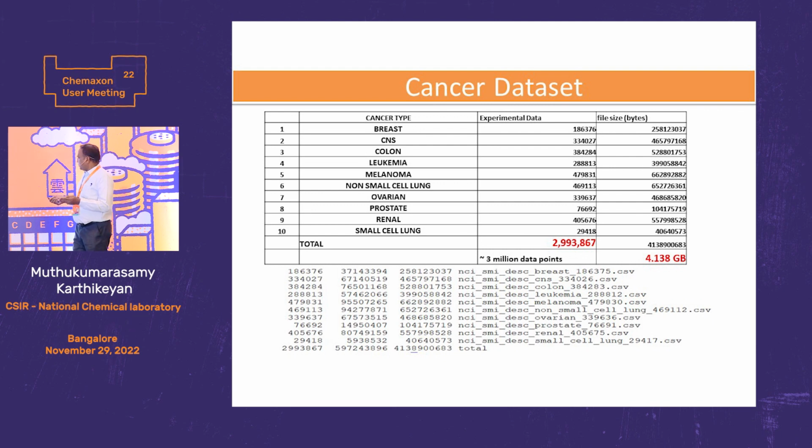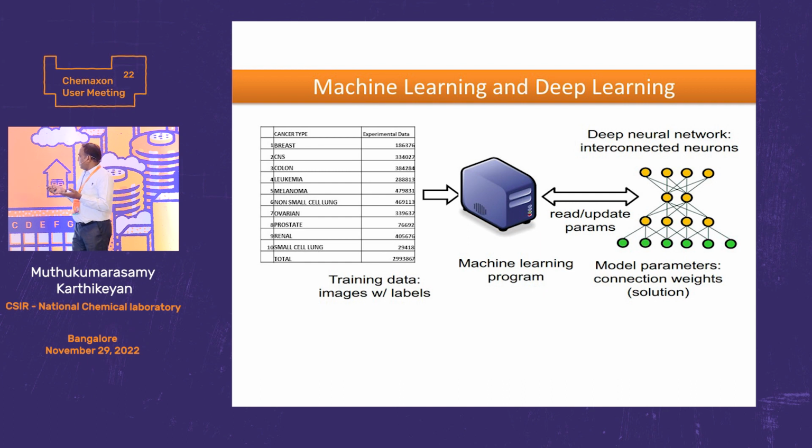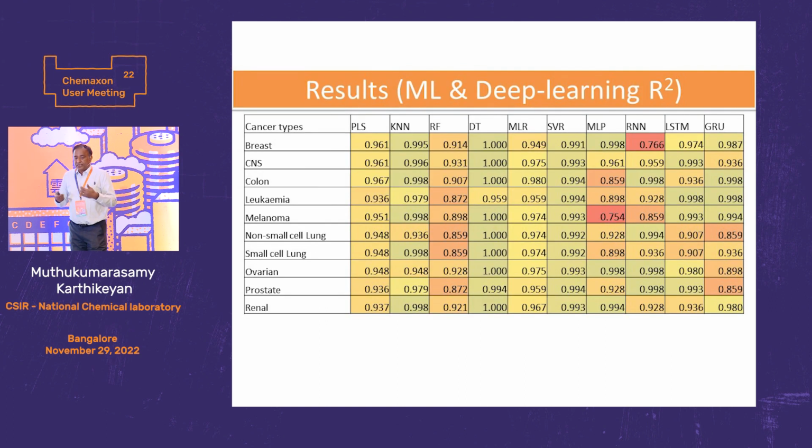To make the story short, we took 3 million data points with respect to cancer, 10 types of cancer, and put them into the system. Then we subjected them to neural network and machine learning techniques. We used deep learning and machine learning methods to build several models.